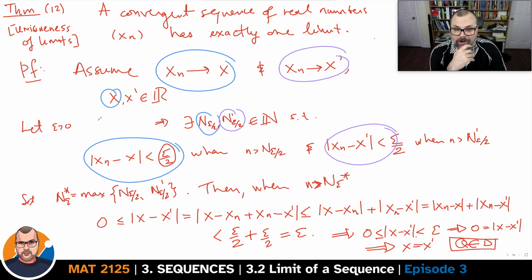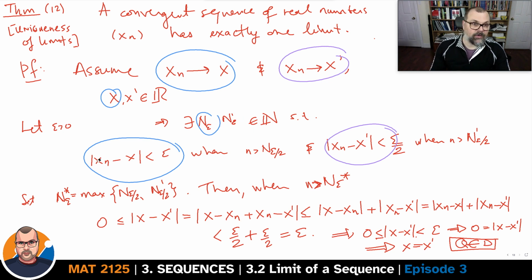Let epsilon be greater than 0, then I can find an n epsilon and an n epsilon prime here as well, such that xn minus x is smaller than epsilon whenever n is greater than n epsilon, and xn minus x prime is smaller than epsilon when n is larger than n epsilon prime. And so I'm going to set n epsilon star to be the maximum of the two thresholds that I have.